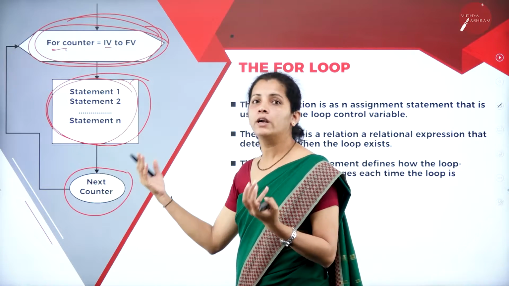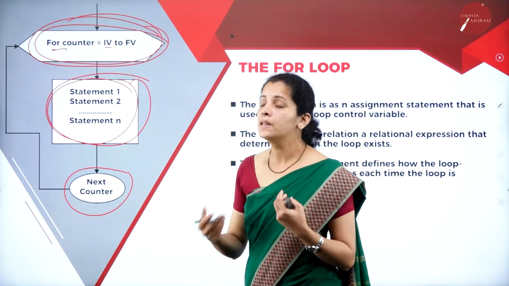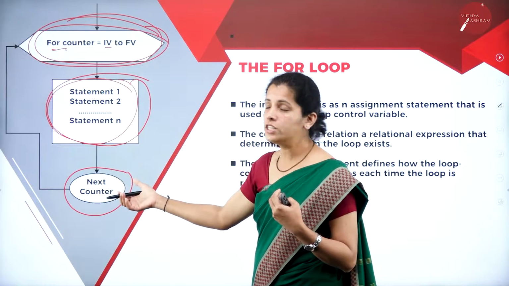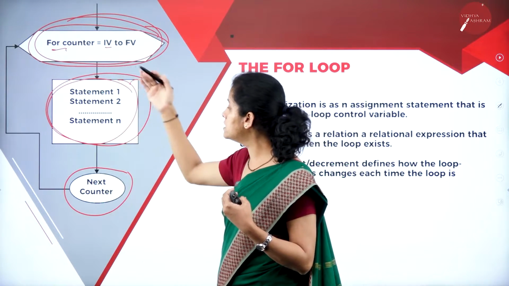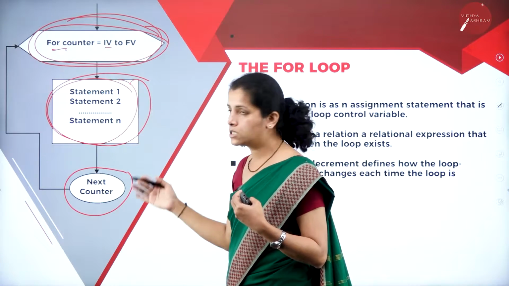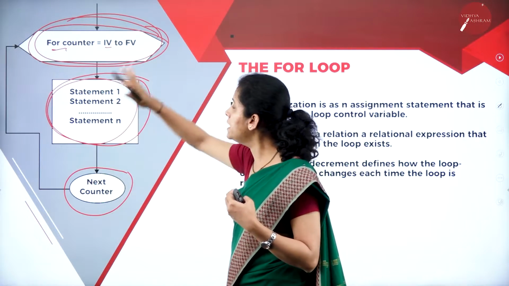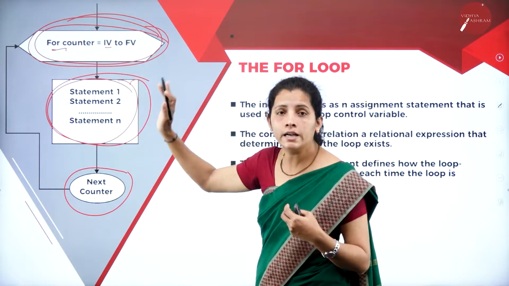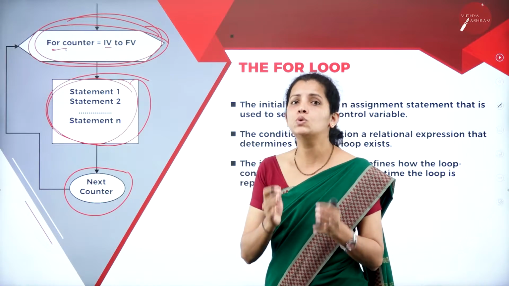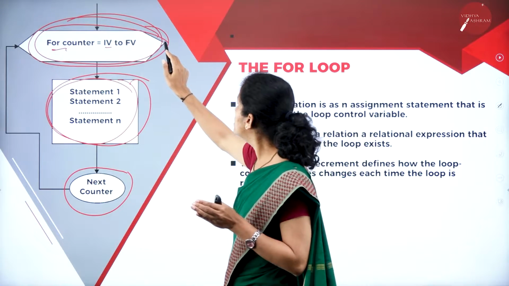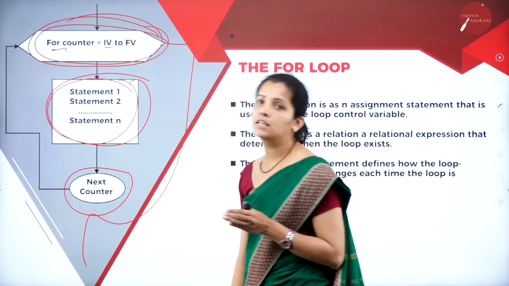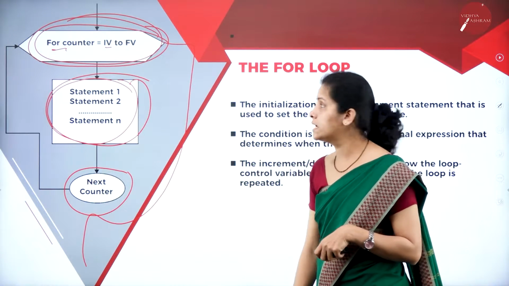So increment or decrement based on the user logic, then check the condition. If the condition is true, once again the statement, then the next counter. So it's going to repeat again and again until the given condition is true. When the condition fails, the control is directly transferred to the next statement.